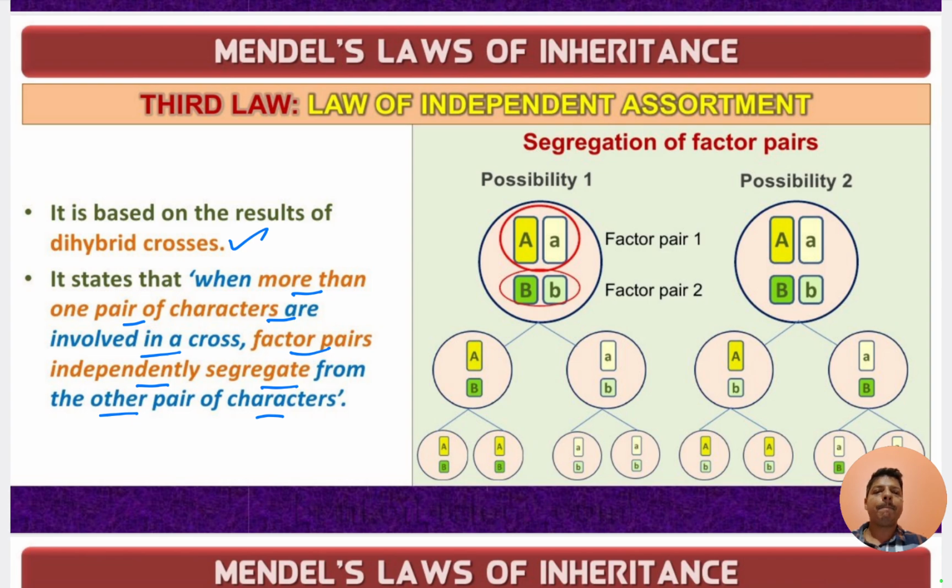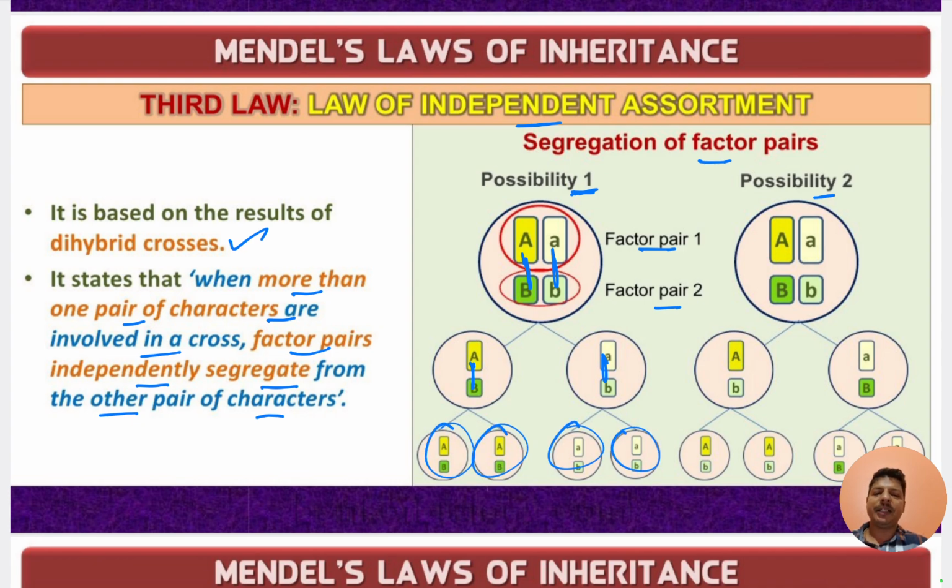As you can see, segregation of factor pair, it is independently assorted. That is, you can see, factor pair first, factor pair second, possibility 1, possibility 2. First of all, these two will make a pair, these two will make a pair like this, as you can see, and the results are here.